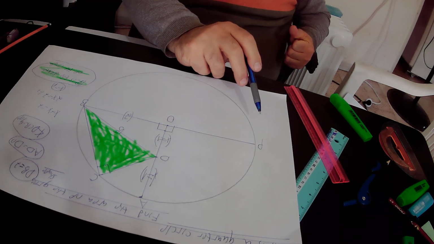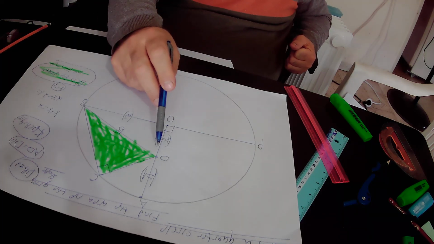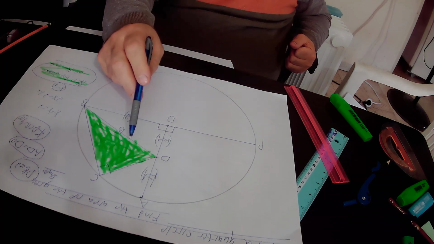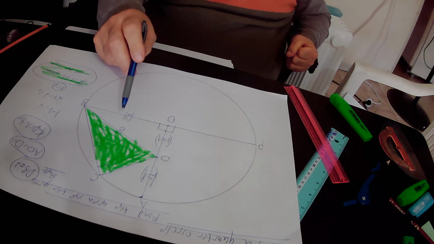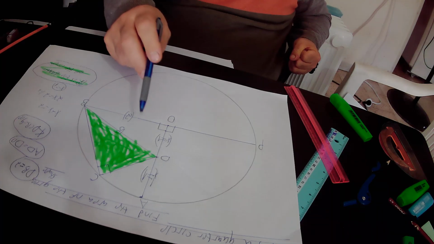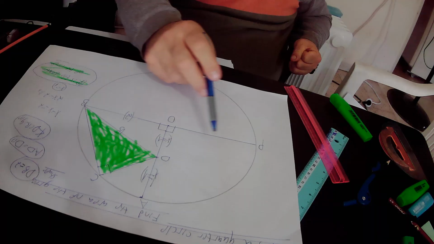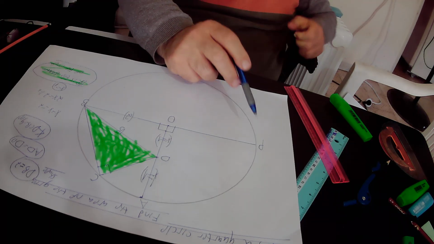In order to avoid the contradiction to rule 5, the extended side CD must touch the circle at point P.